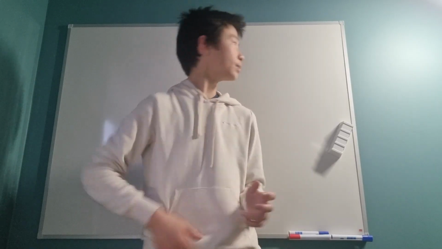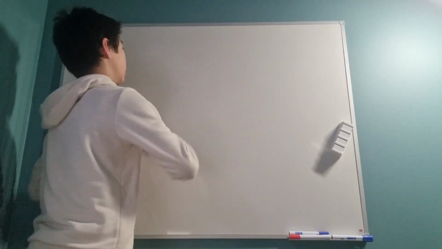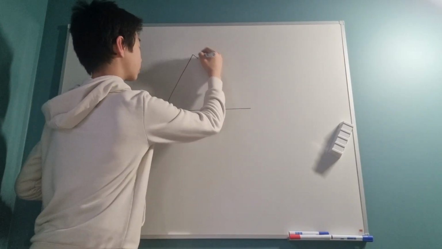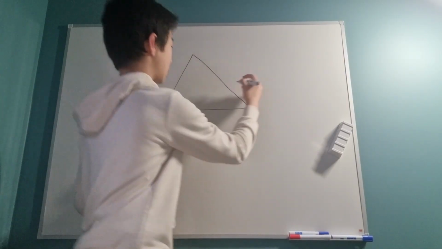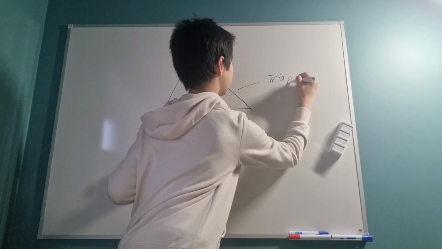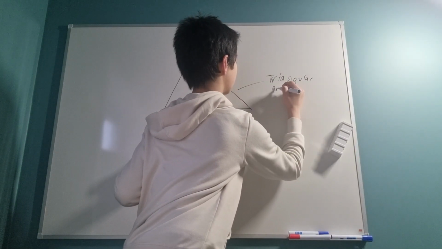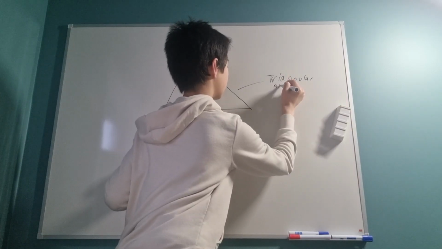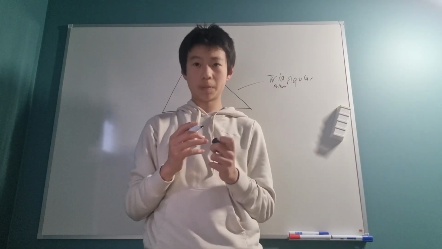Moving on to a triangle, we're going to discuss how light refracts through a triangular prism. Okay, so let's start by illustrating a triangle, and let's label this as a triangular prism. Let's begin.